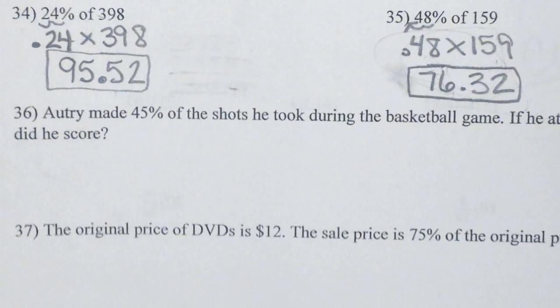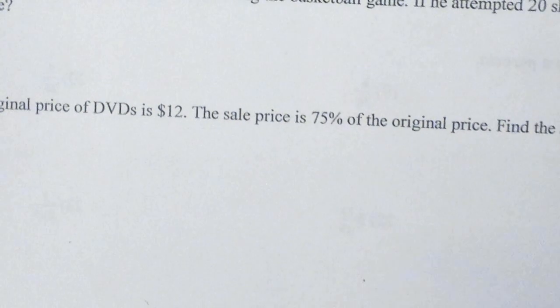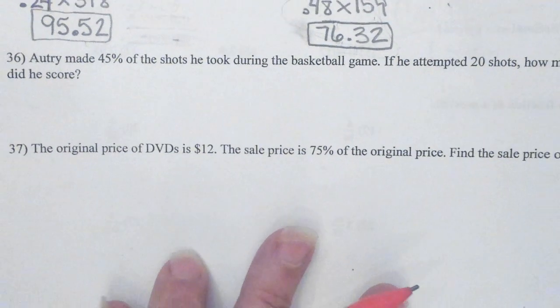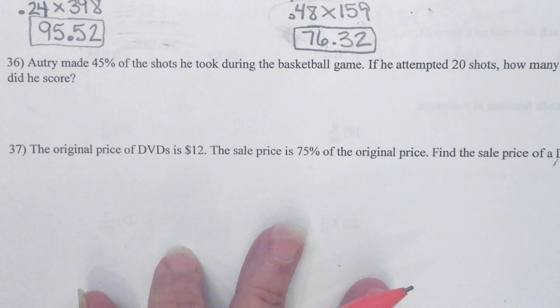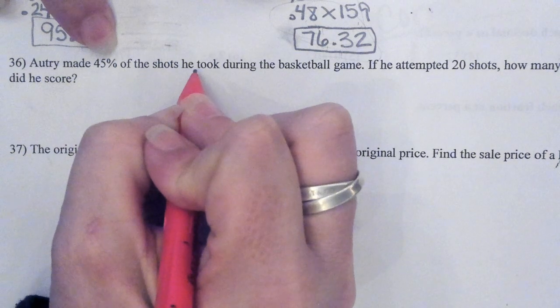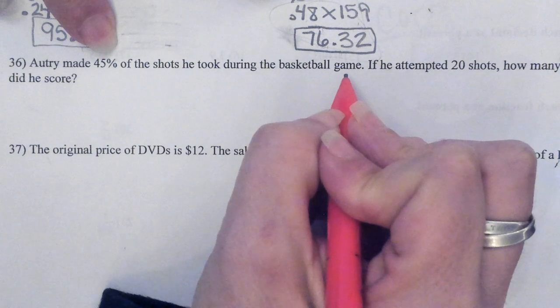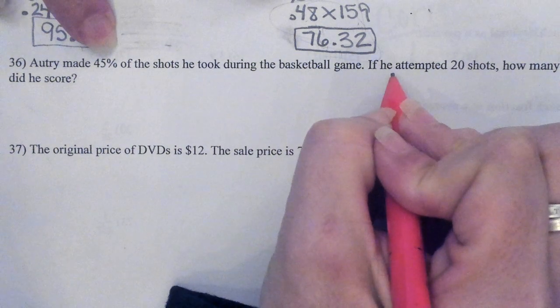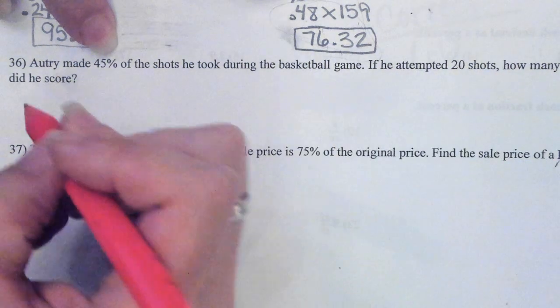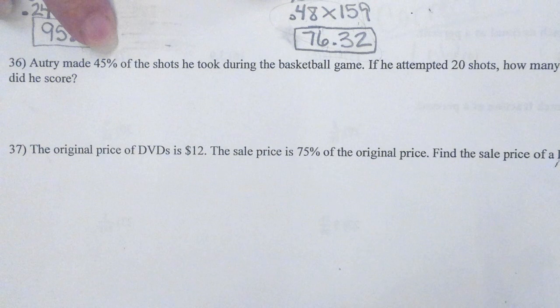Okay, go into the next part. Kind of the same thing. You just got to watch what they're asking. It says that Autry made 45% of the shots that he took during the basketball game. If he attempted 20 shots, how many times did he score?